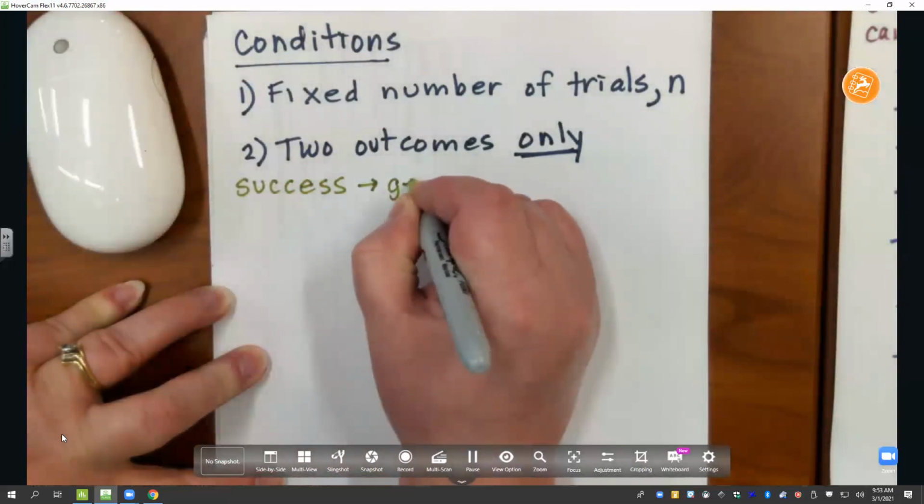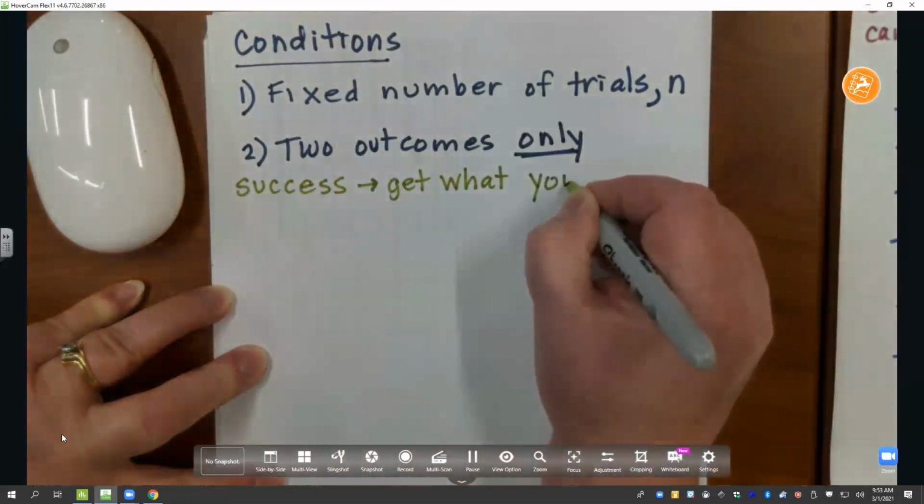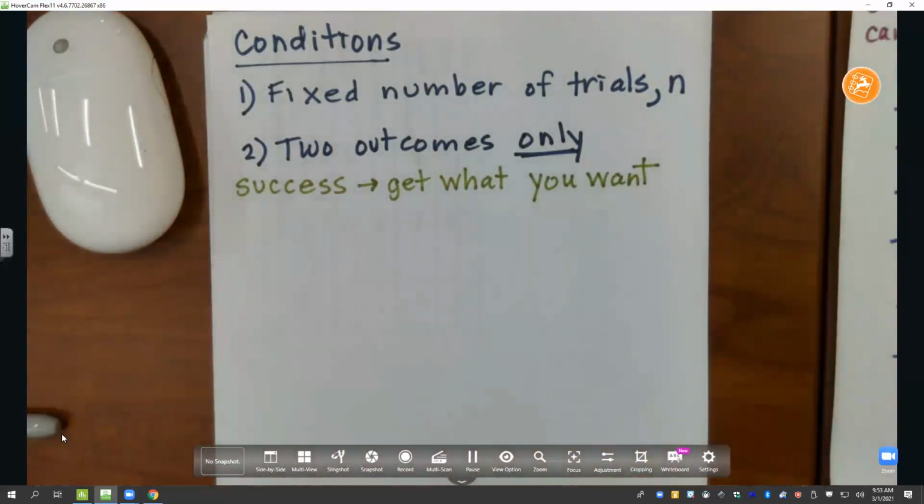Success means that you get what you want. Now, just because it's called a success doesn't necessarily mean it has to be a positive thing. Maybe my success is I want to know the number of games that the Atlanta Braves lose. Well, losing's not really a positive thing.